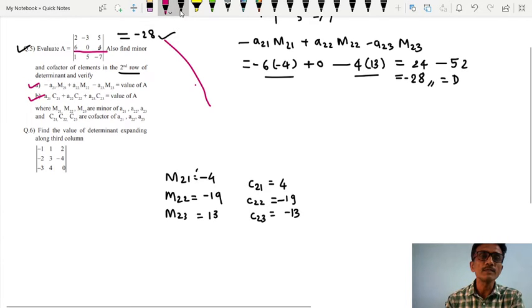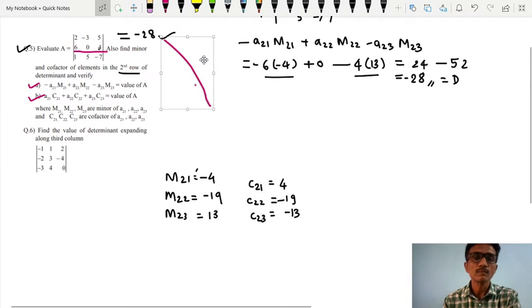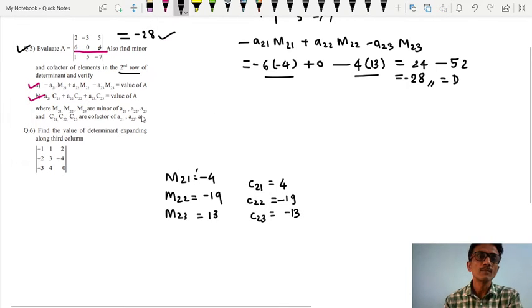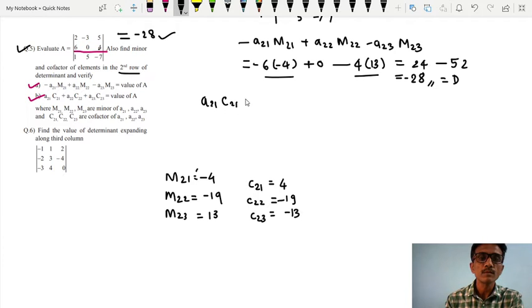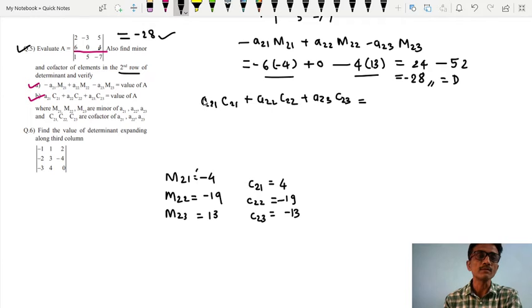Here a21 into C21 plus a22 C22 plus a23 C23 is equal to what? a21 is 6, and C21 is 4.